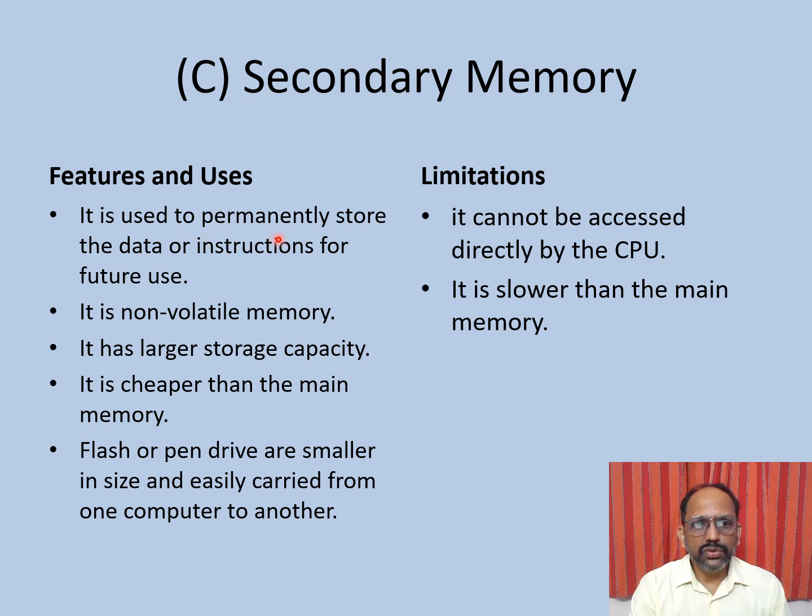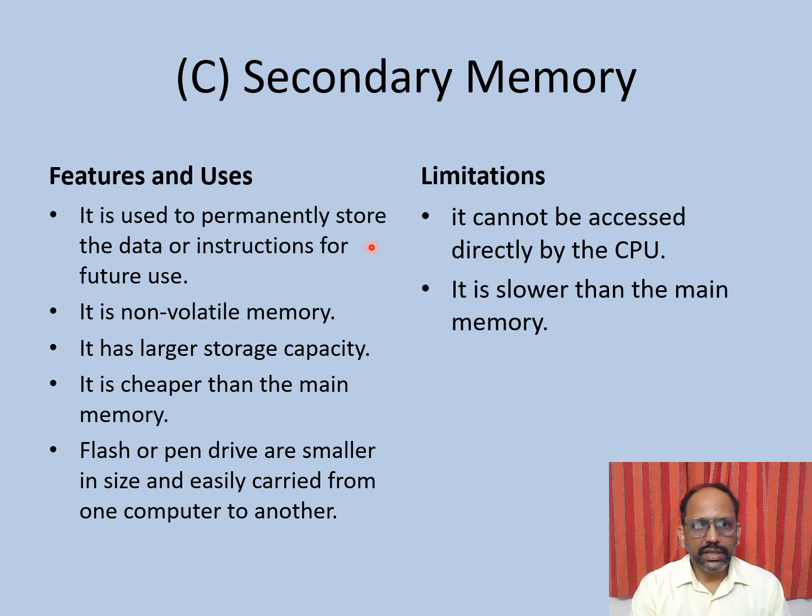It is used to store data and information permanently. It is a non-volatile memory. That means any data stored in it will not be automatically erased whenever we switch off the computer.